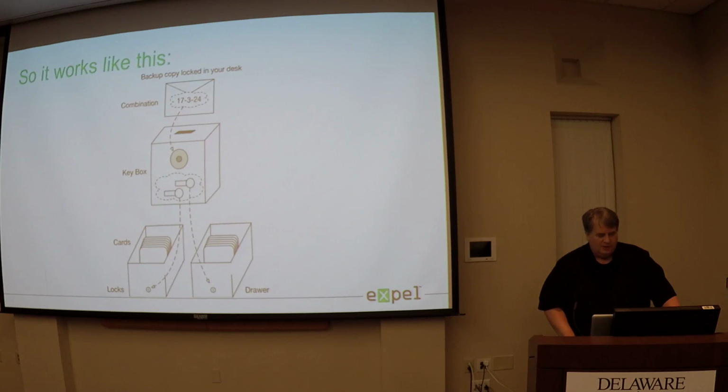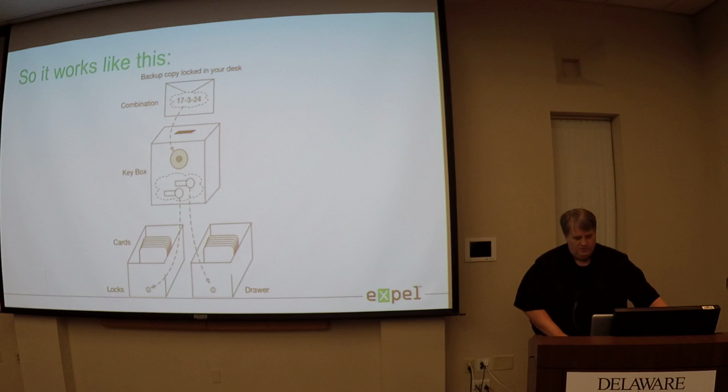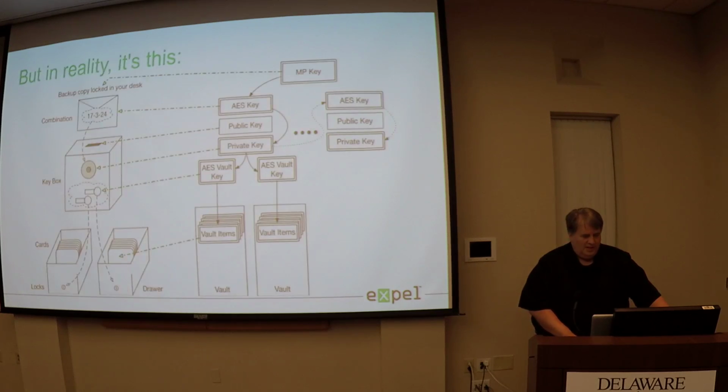So this is kind of what it looks like. You've got the combination written down, stored in an envelope, locked in your desk. It unlocks the key box. The key box contains the keys, which open up the drawers, which have the passwords. That's exactly how 1Password vaults work.